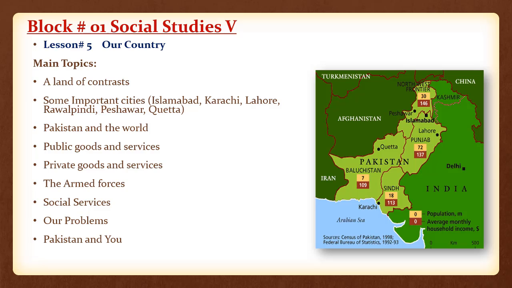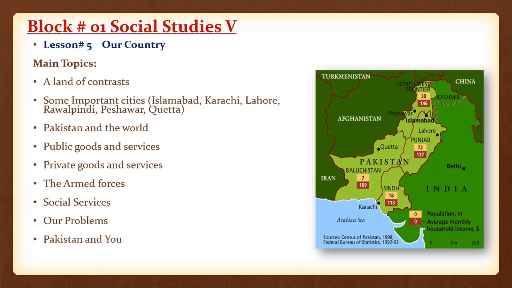The next topic will be Pakistan in the world. In this we will learn the position and importance of Pakistan in the world. Some next but important topics will be public goods and services, private goods and services, the armed forces, social services, our problems. Pakistan and you will be the last topic to end this chapter.